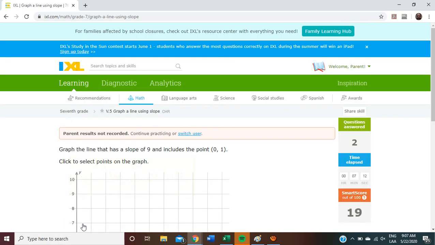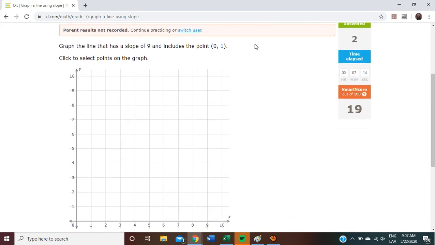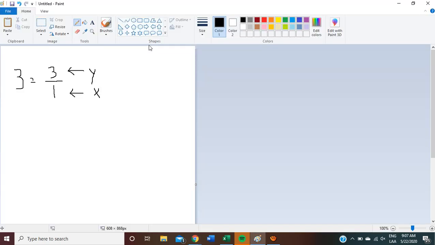All right, now we have to include the point (0, 1). So 0 in the x, we don't go to the right anything because it's a 0, and 1, we move 1 in the y, okay? And the slope is 9.